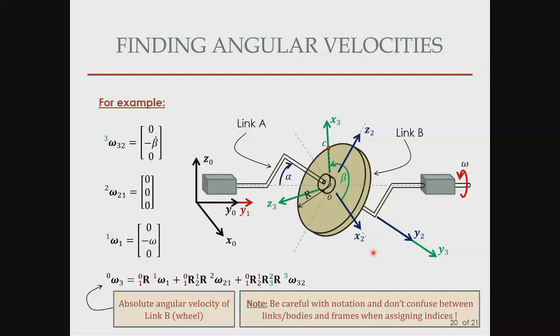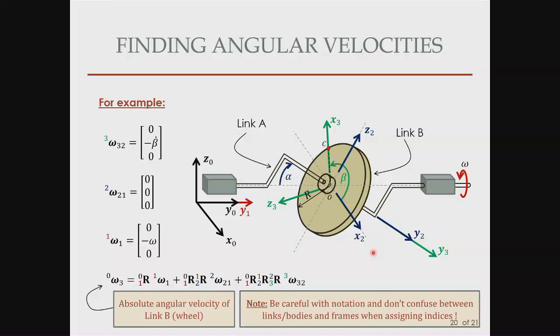So just to reiterate, the word absolute for absolute angular velocity has nothing to do with the frame in which I represent the vector. Is it clear? I can express an absolute angular velocity along rotating coordinate system axis.